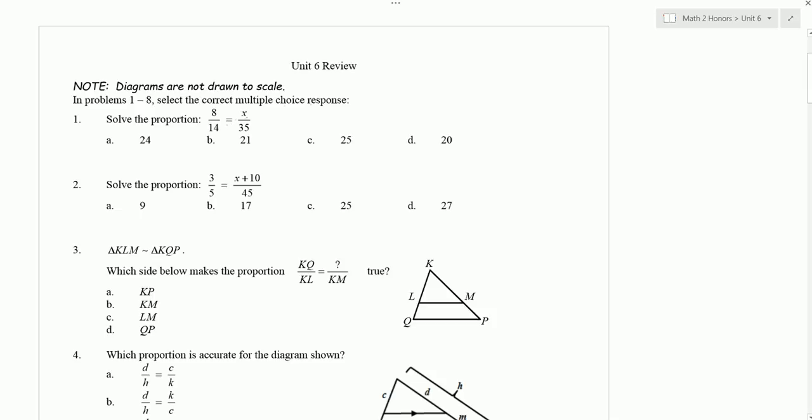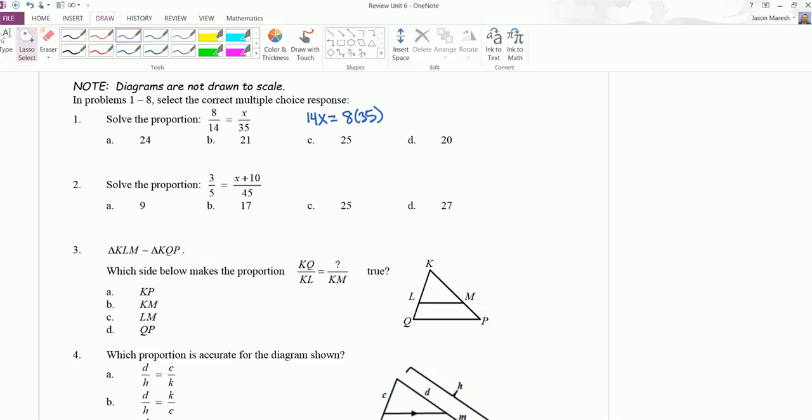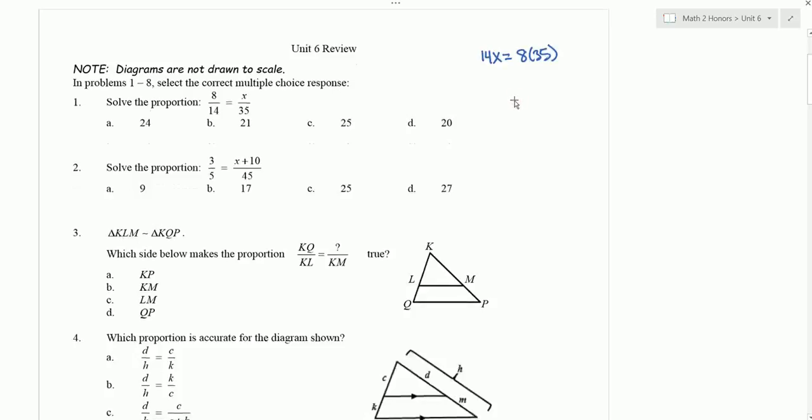So we're going to multiply x times 14 and 8 times 35. And we're going to use this equation to help us solve for x. Eight times 35 is 280.